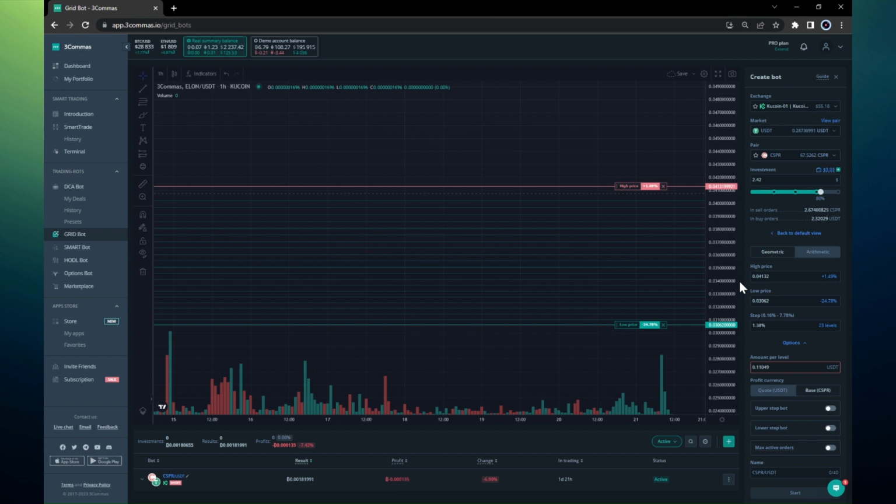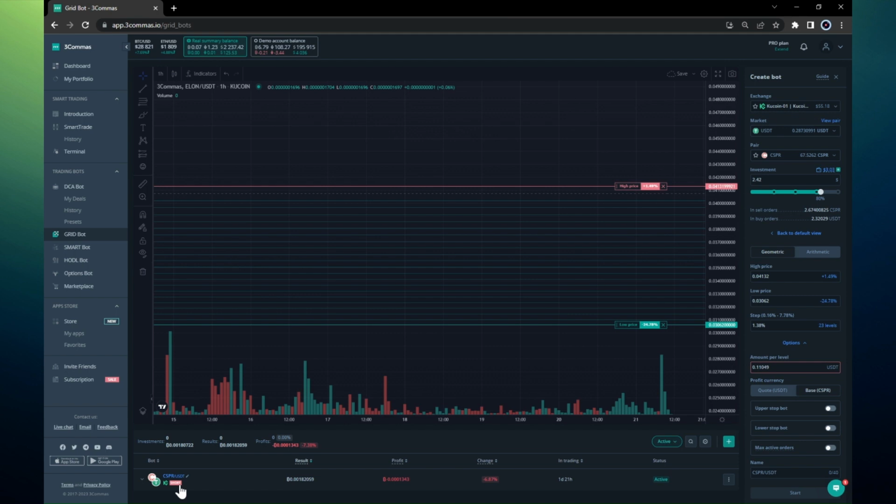Another thing to point out is that right here it says short. And that may be confusing to some of you, and in fact, it's even confusing to me, because this is a spot grid. So there is no long and short. It's all long, right?